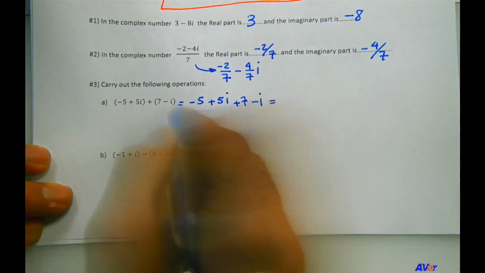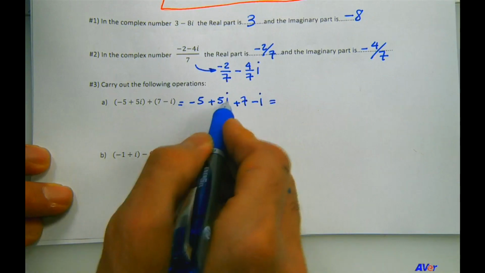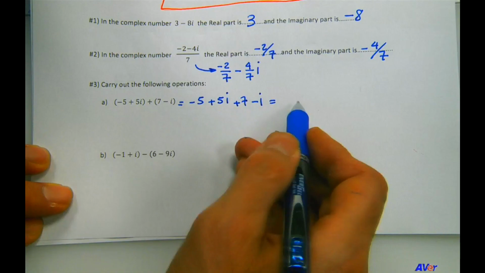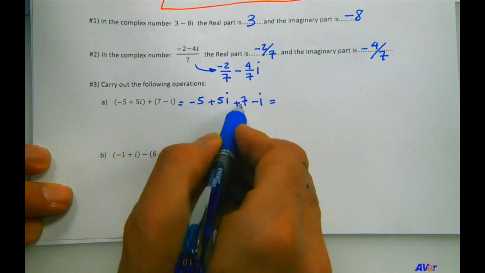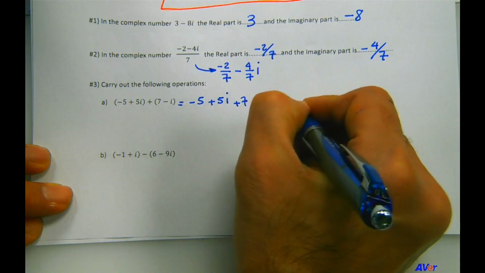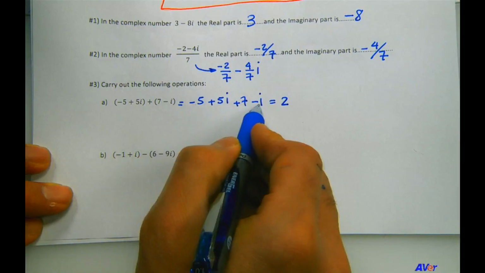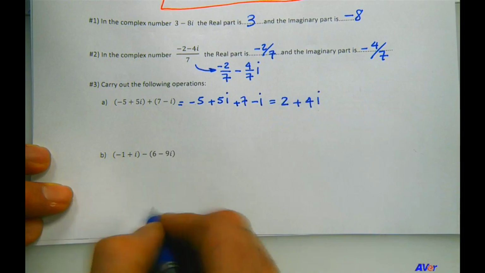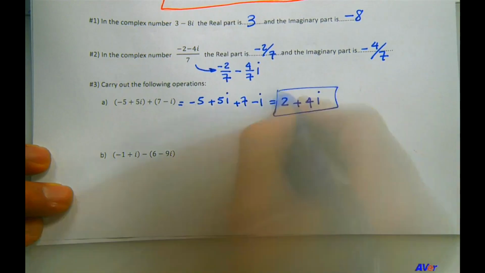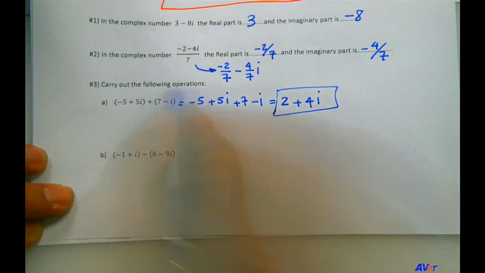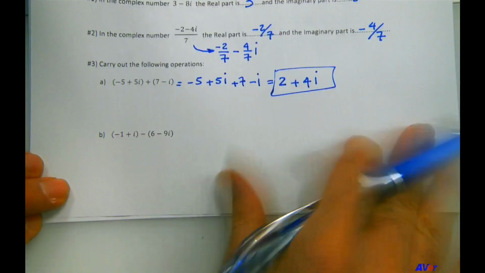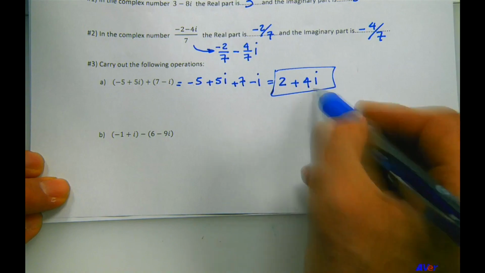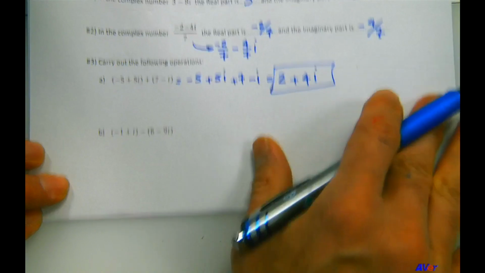Now, just like if it was an x, we can combine the like terms. -5 plus 7 is 2. 5i minus i is plus 4i. So that's the final answer. They just say carry out the operation. So what is the real part here? 2. What is the imaginary part? 4.